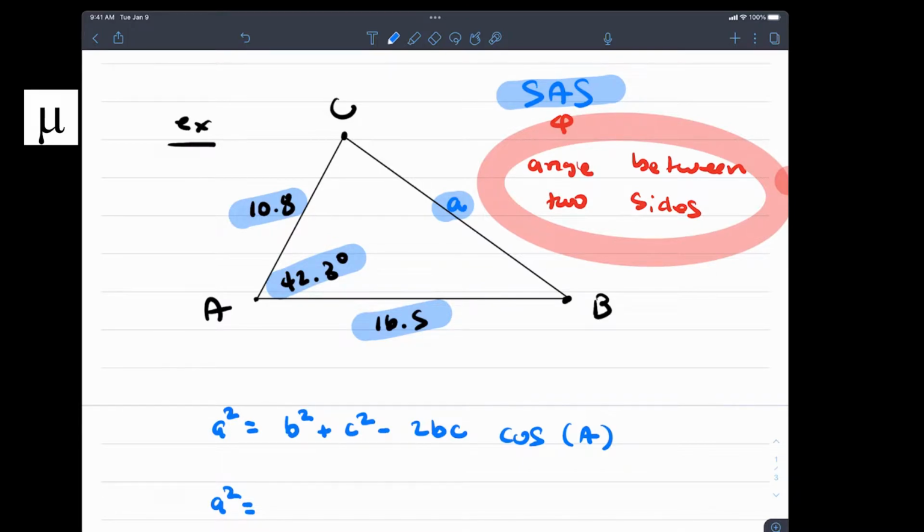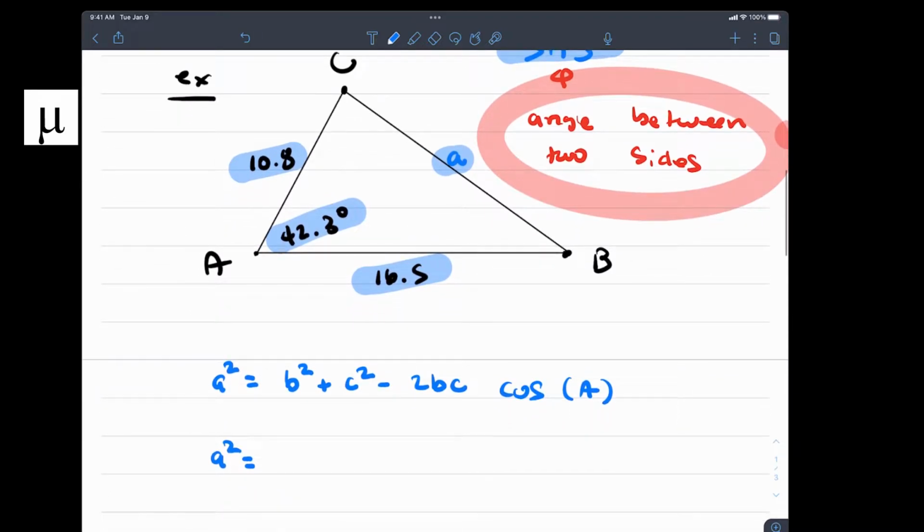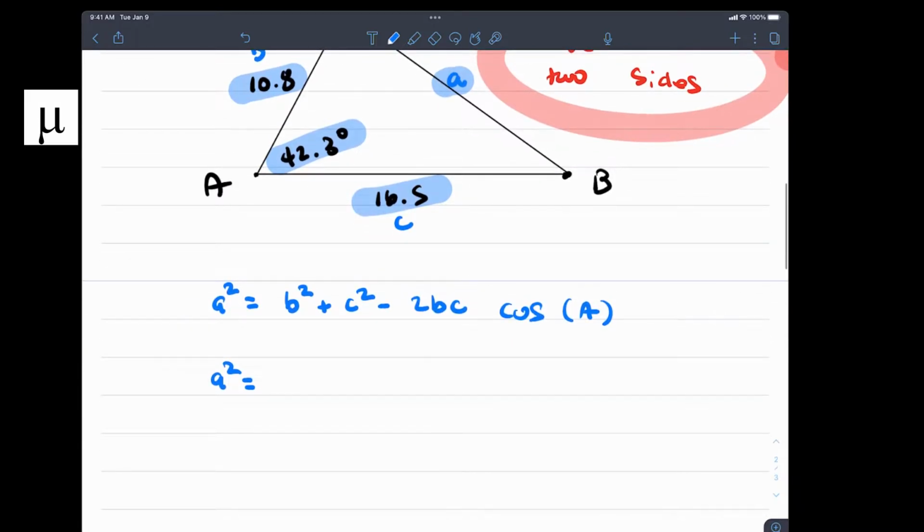It doesn't really matter. So you say, why not? Because, I mean, you can call this little b, you can call this little c. This is going to be what? 10.8 squared plus 16.5 squared minus 2 times 10.8 times 16.5 cosine 42.3.